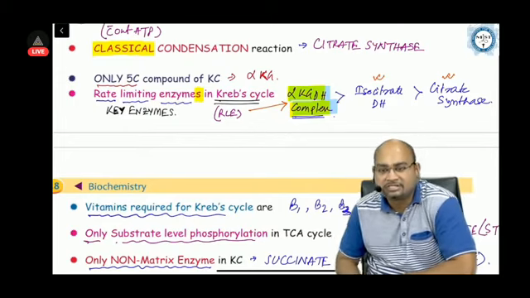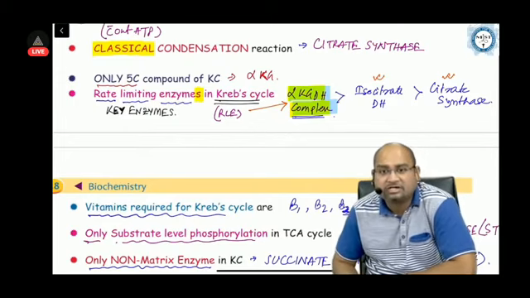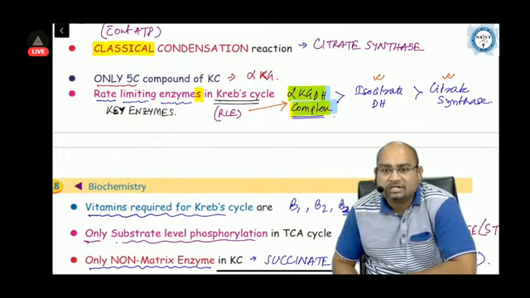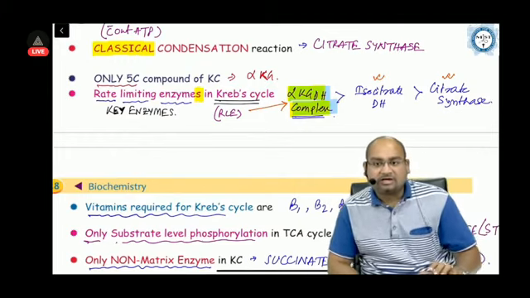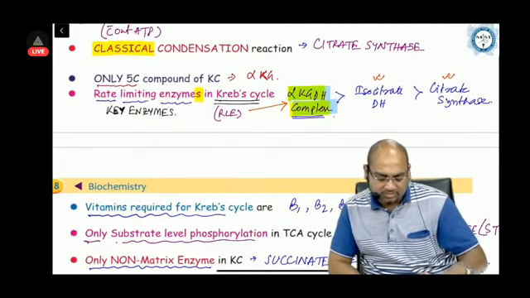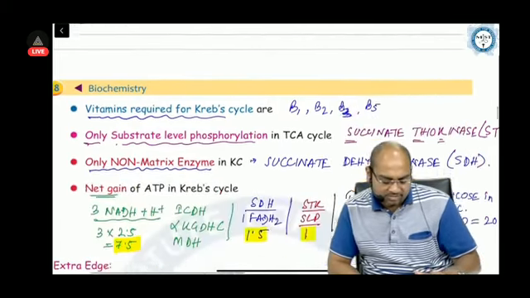Rate limiting enzymes in the Krebs cycle, the best answer will be alpha ketoglutarate dehydrogenase complex, isocitrate dehydrogenase, and citrate synthase. Alpha KGDH complex is actually the most important rate limiting enzyme over here.